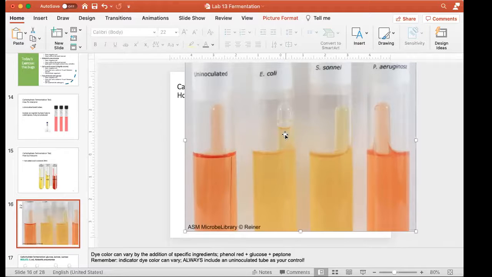It's been pushed downwards because gas has accumulated in the top of that tube. So this tube would be reported as acid, or capital A. And this tube would be reported as A/G, acid and gas.